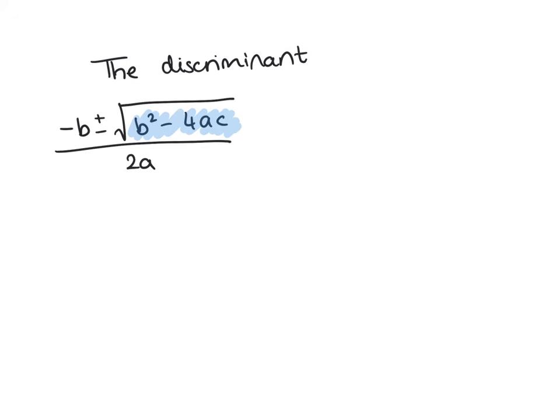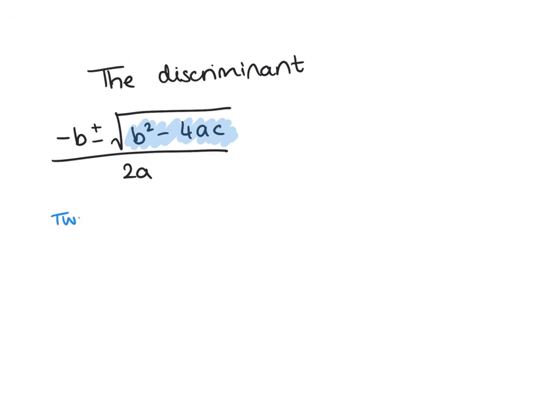Now there are a few rules. There are only 3 options. We can have 2 real roots. We can have 1 root, as we've seen, but there's another name for this.